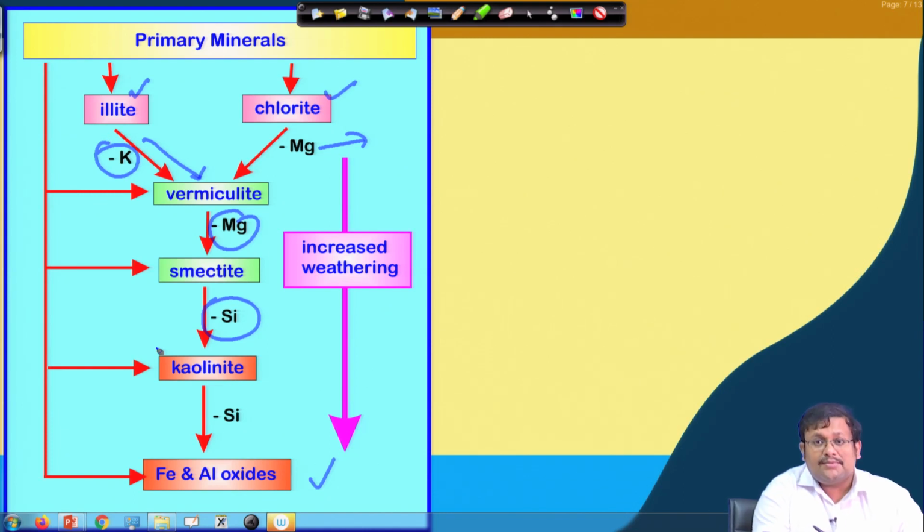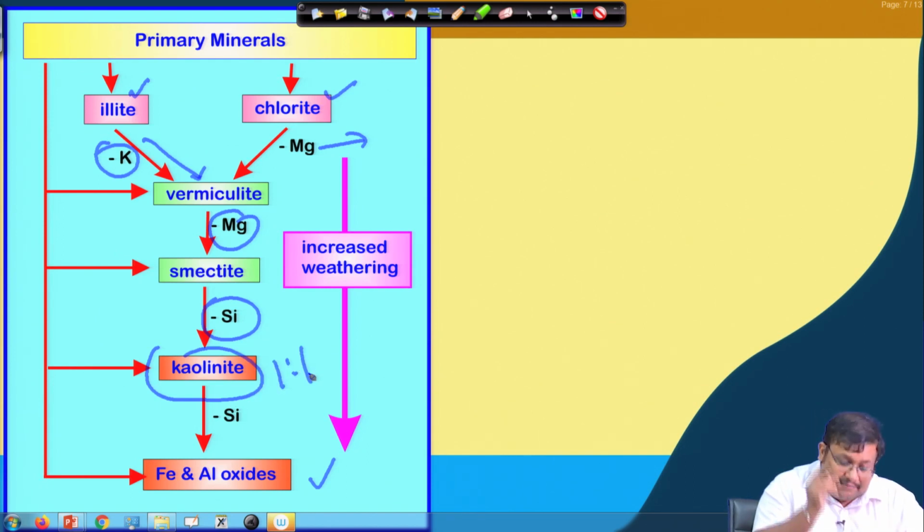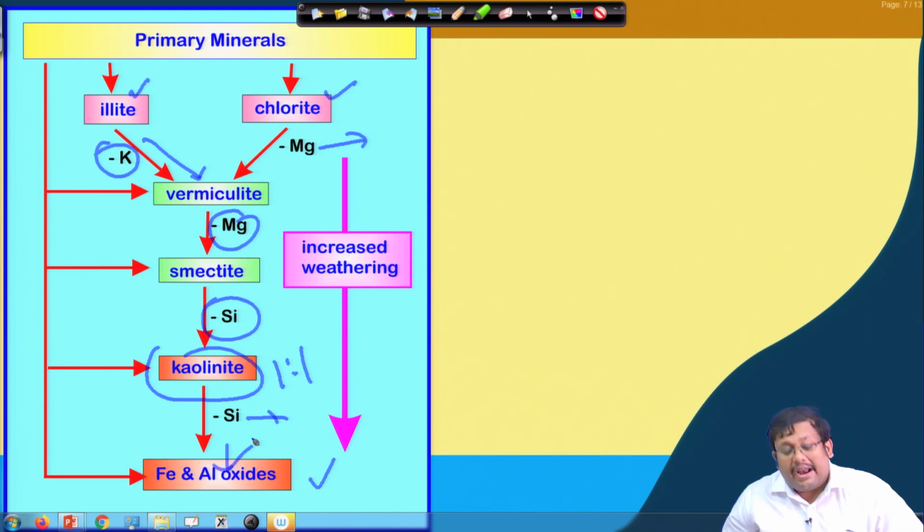So, there is a loss of silica and it converts into kaolinite, which is a 1:1 type of mineral. And from there, when there is further high intensity chemical weathering, in warm and humid climate, there will be further loss of silica. Ultimately, it will develop into the iron aluminum oxide.